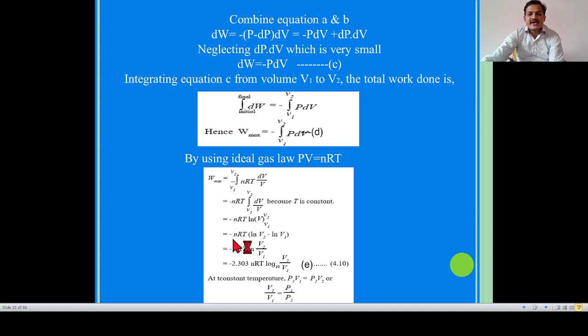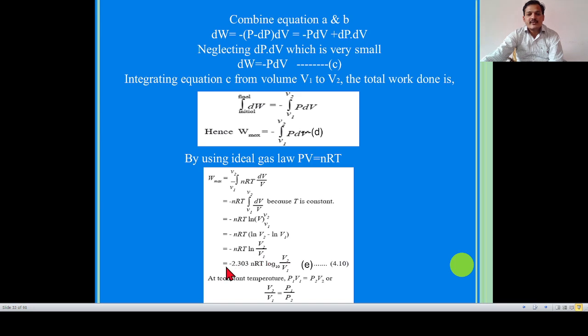Then minus nRT as it is, times natural log V2 minus natural log V1. Then, according to the rules of logarithm, minus nRT natural log V2 divided by V1.